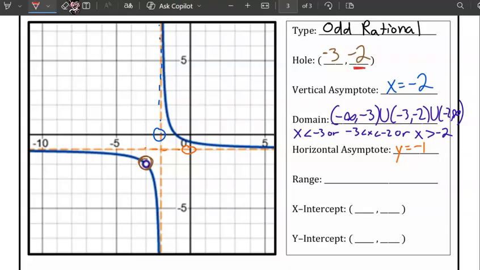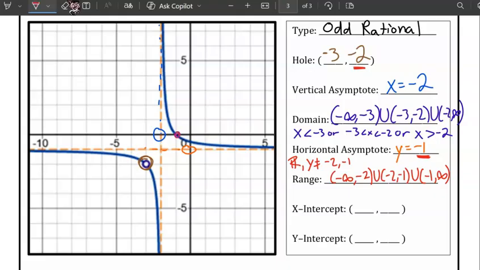It's from these values. In interval notation, it would look like this. Negative infinity, comma, negative 2, union, negative 2, comma, negative 1, union, negative 1, comma, infinity.